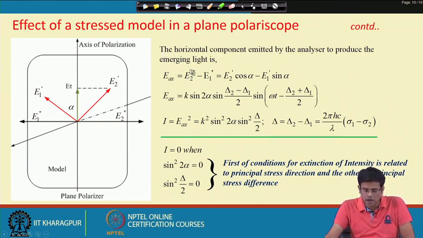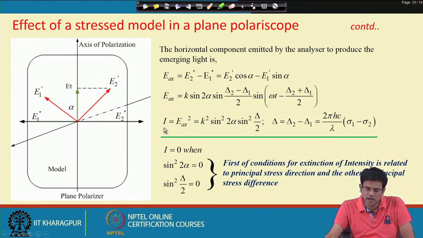So, we can find out what the horizontal component emitted by the analyzer is. The horizontal component we can find out by just taking the difference, and this difference is expressed in this form.